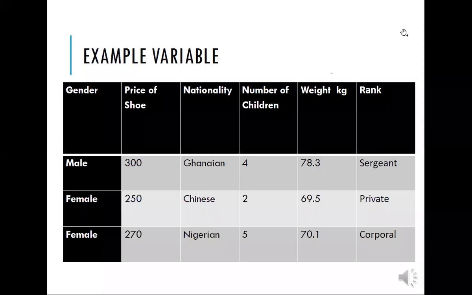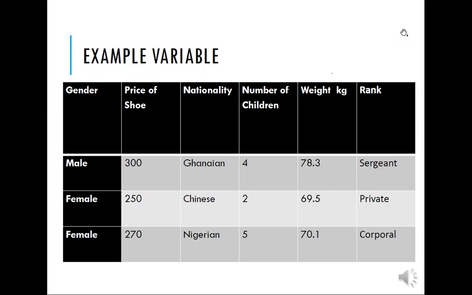When we go to gender, we can have male or female. Price of shoe is either 300 CD, 250 CD, 270 CD, and so on. Nationality is either you are Ghanaian, Chinese, Nigerian, Congolese, Burkinabe, and so on. Number of children, you can have 4, 2, 5, etc., or 0.